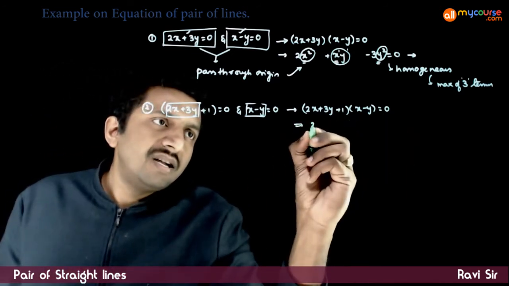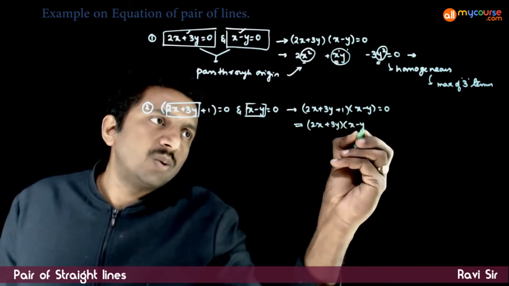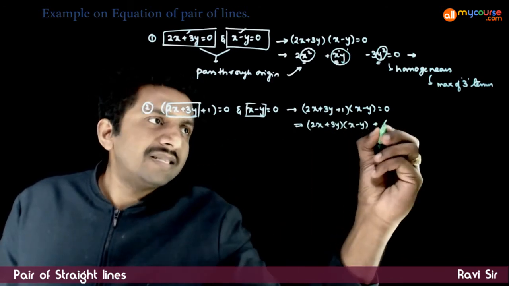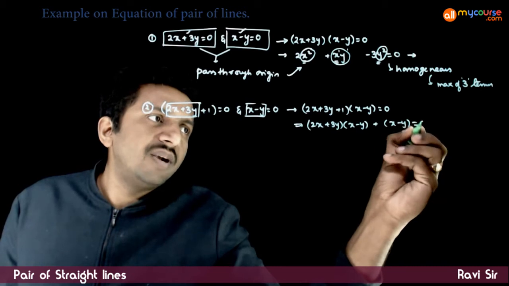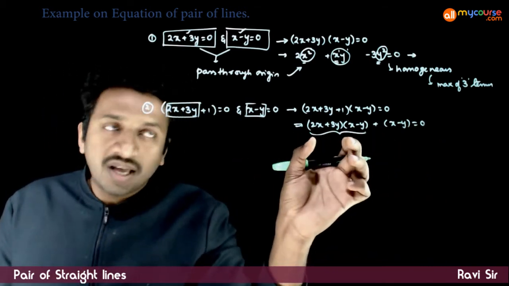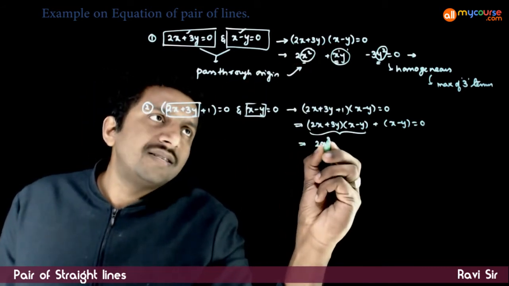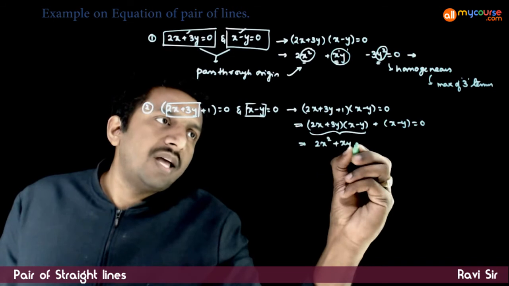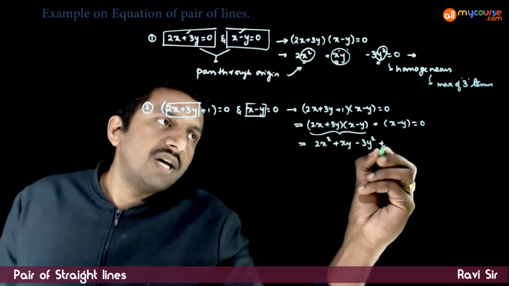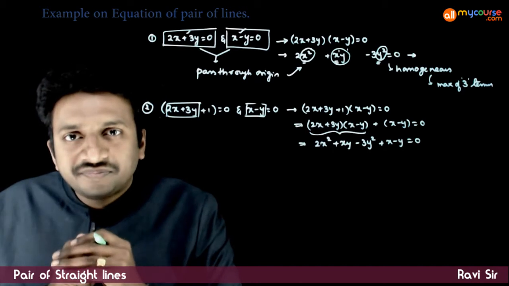This implies (2x plus 3y) times (x minus y) plus (x minus y) is equal to 0. So (2x plus 3y) times (x minus y) has already been calculated. This implies 2x square plus xy minus 3y square plus x minus y is equal to 0.